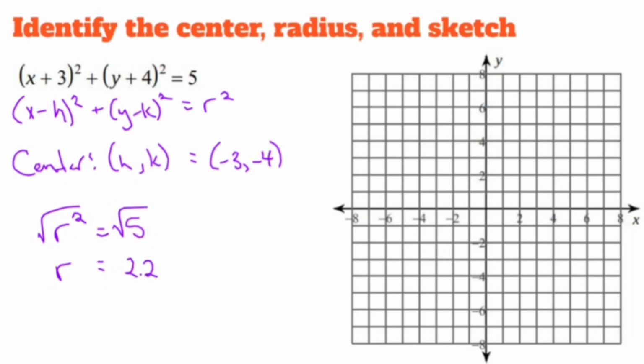Now, I'm not even going to try to draw this out, except that I am going to try to draw this out. Let's place my center at negative 3, negative 4. And then I try to draw out and around 2.2 units. So this is what the outside would look like.